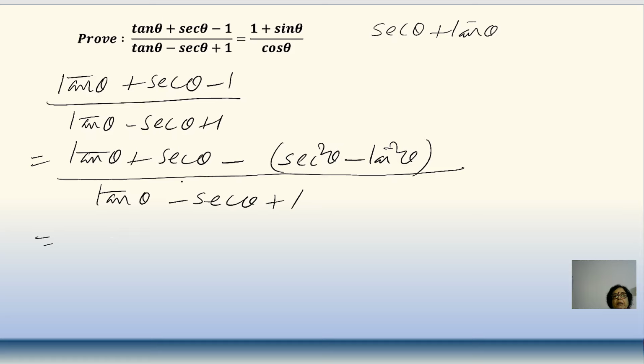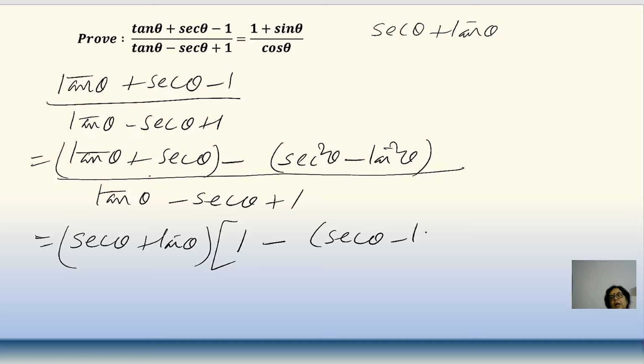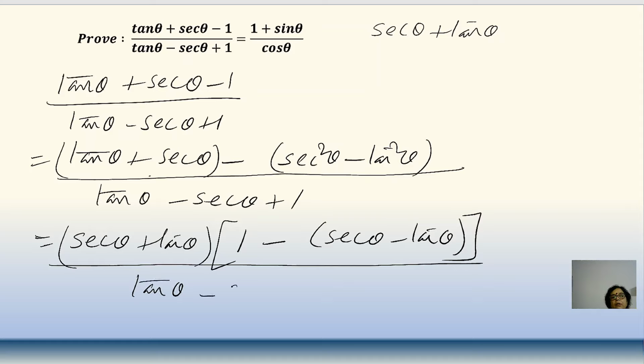So this becomes, now this is a plus b into a minus b, so we can take out sec theta plus tan theta common from this term, and we are left here with 1 minus sec theta minus tan theta, divided by the denominator, which continues as it is. No need to do anything with the denominator.